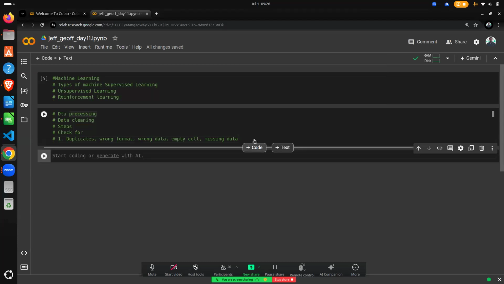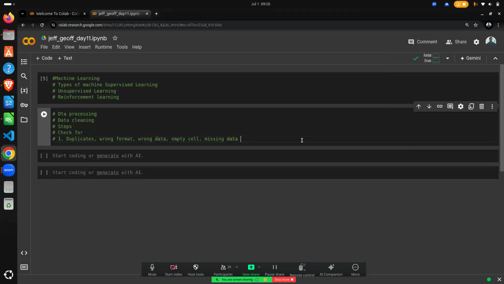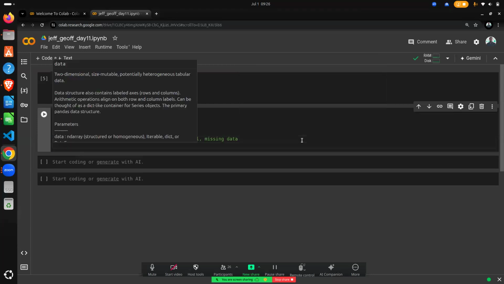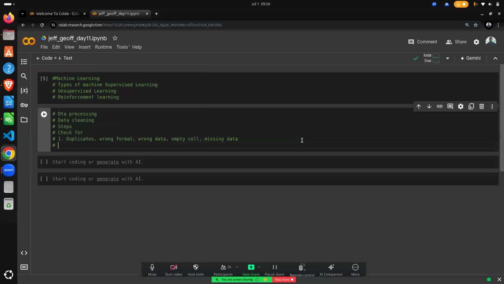Let me try to explain to you wrong data. Now, let's say we have age. And in age, your age is 23. Then when you look through all the columns of age, and you realize someone is having an age of 230.